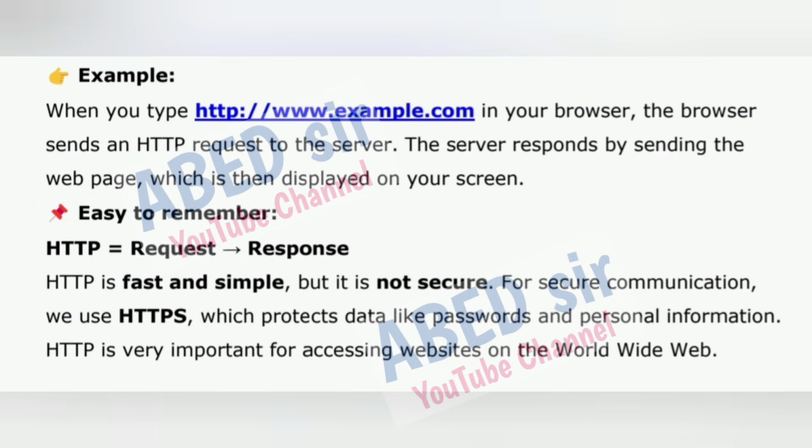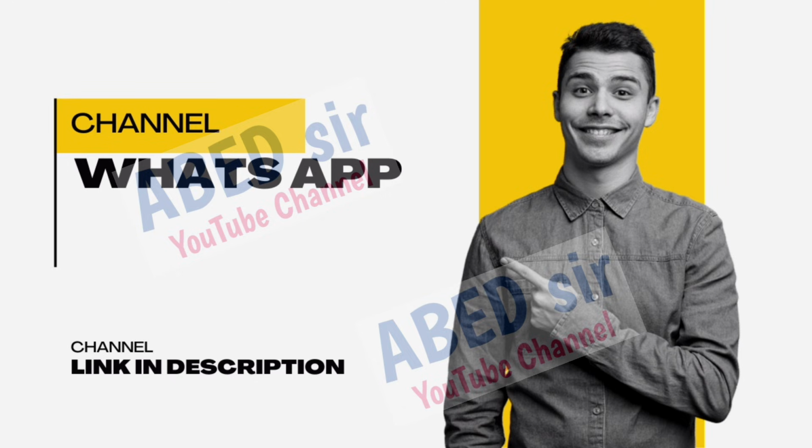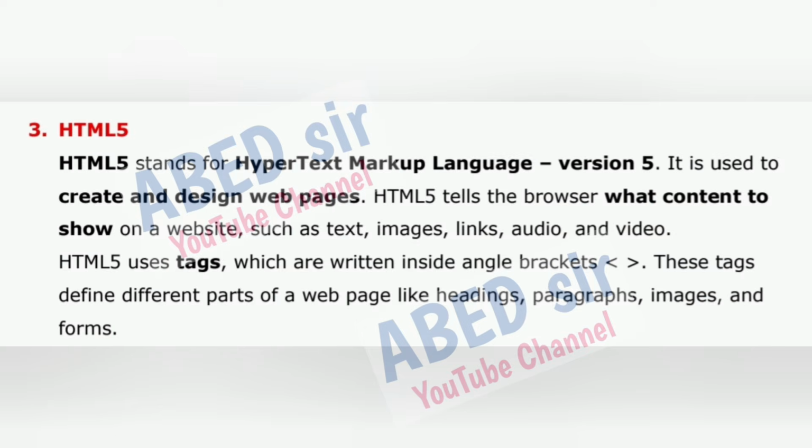HTTP is fast and simple, but it is not secure. For secure communication, we use HTTPS, which protects data like passwords and personal information. HTTP is very important for accessing websites on the World Wide Web. Next important short question is 3.